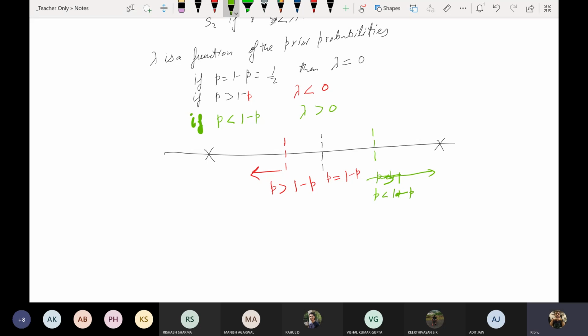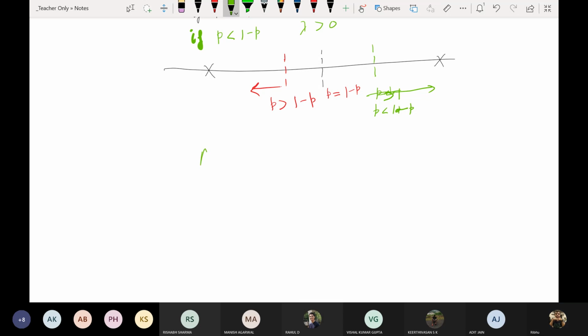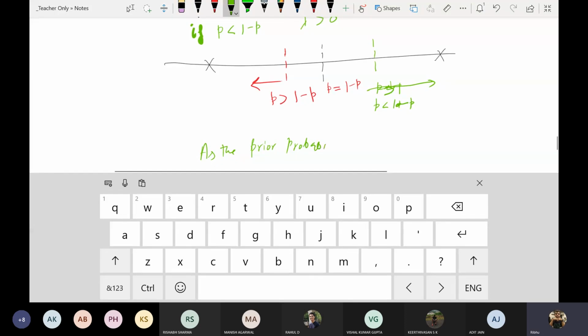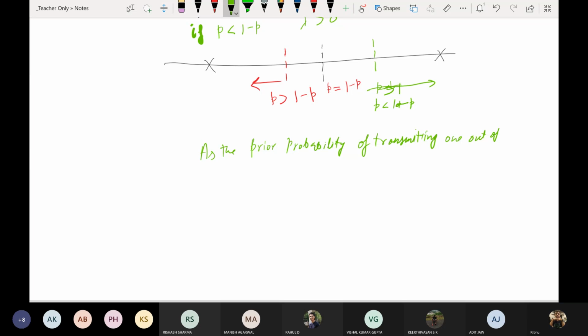What does it mean? It means that as the prior probability of transmitting one out of the two signals is increasing, we are increasing the possible region.